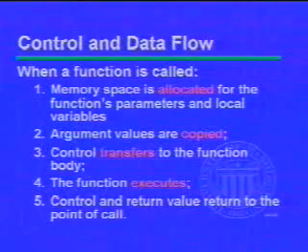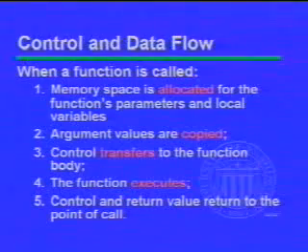To begin with, the function is called by the caller. I would like to use that terminology from now on. The caller is the place in the program where the function is called. Memory space has to be found for that function's parameters and local variables. I'll say more about local variables later.